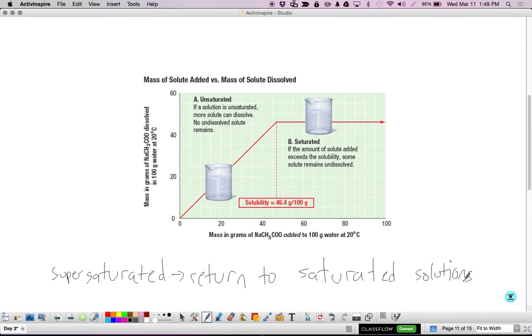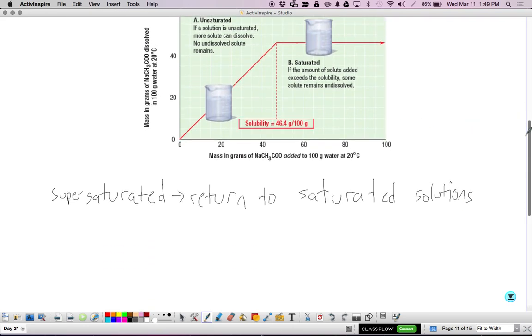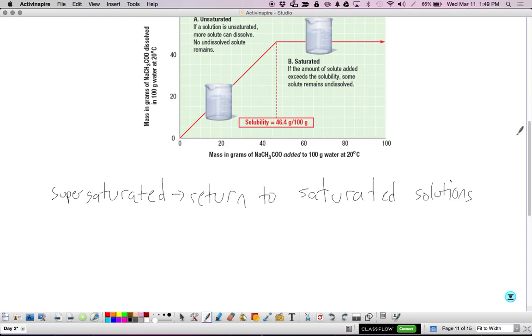And if you've ever made rock candy, this is a great example, okay? What you do is you take sugar water and you boil it, and you get as much sugar in as you can. Get it hot, all right? And then you take that off and you pour it into something. Okay, maybe you keep it in the pot. I don't know.